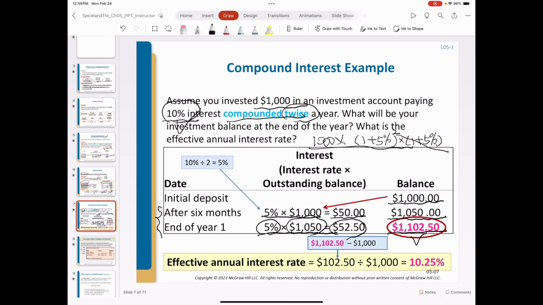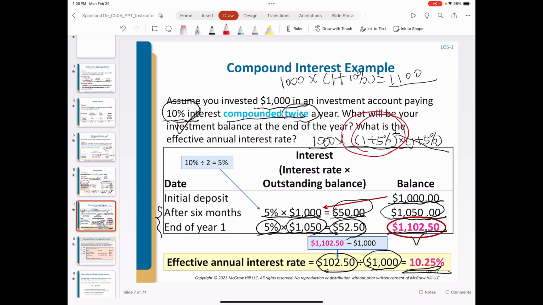So the ending value at the end of year 1 will be $1,102.50, which is different from the simple interest, using the principal multiplied by 10%, so it's 1,100. The $2.50 difference represents the interest earned from the first interest. Also, you can calculate using the total interest divided by the initial investment. The effective interest rate will be 10.25%, which just equals what I circled, and it is greater than 10%.